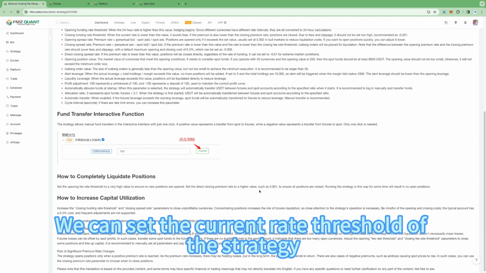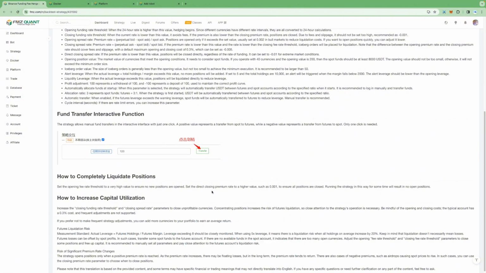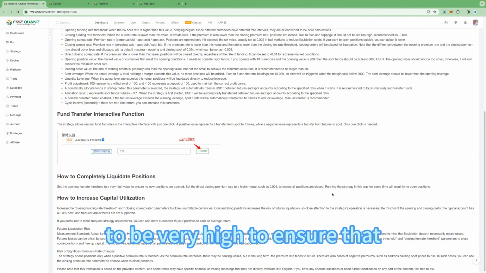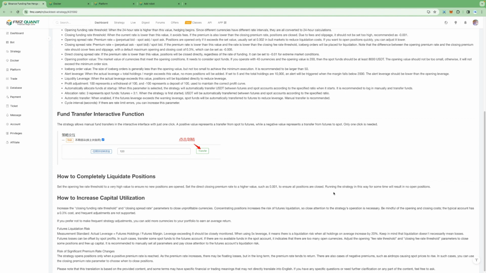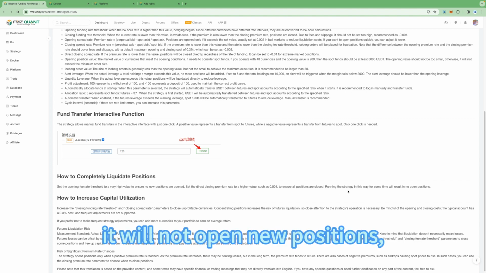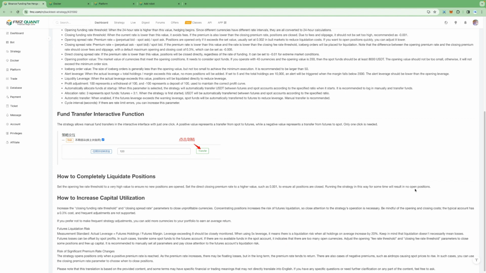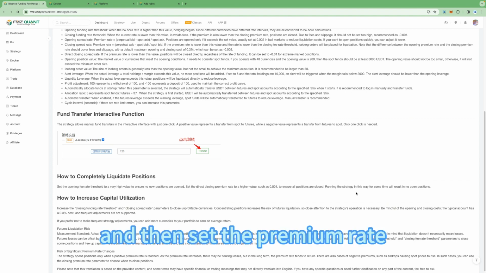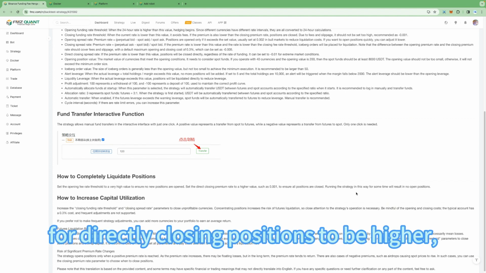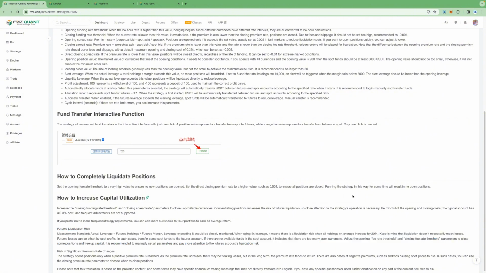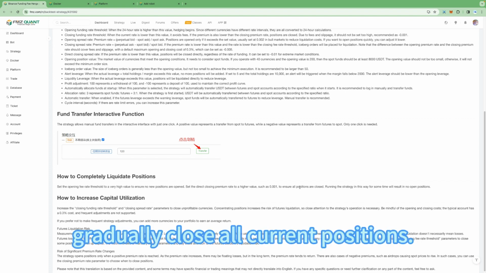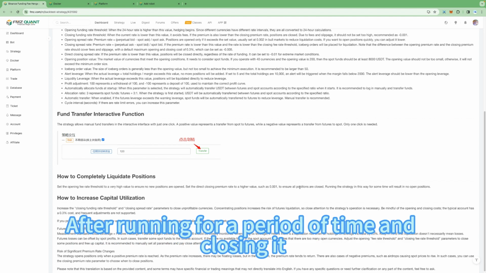We can set the current rate threshold of the strategy to be very high to ensure that it will not open new positions, and then set the premium rate for directly closing positions to be higher, such as 0.001, which will gradually close all current positions after running for a period of time.